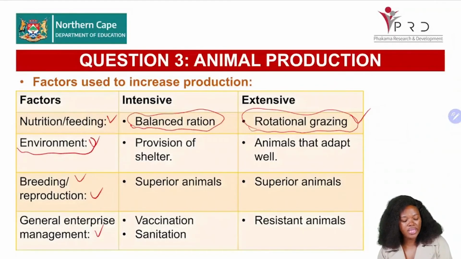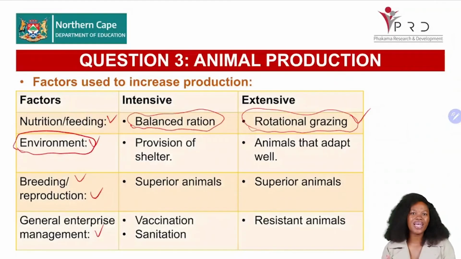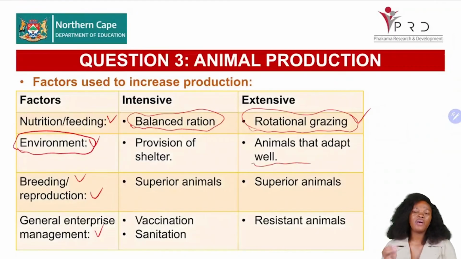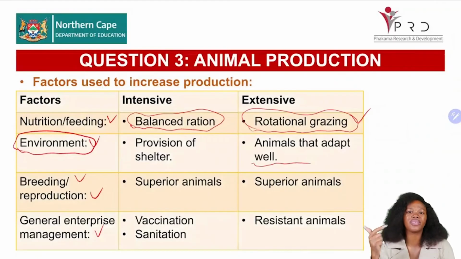Now, in a factor called environment, for intensive, there must be a provision of shelter to protect animals against predators or extreme weather conditions. Shelter must be provided. But under extensive, we must raise animals that adapt well in different environments. Or we can fence the area to protect them from predators, or we can plant trees also to protect them from extreme weather conditions, such as high temperatures.